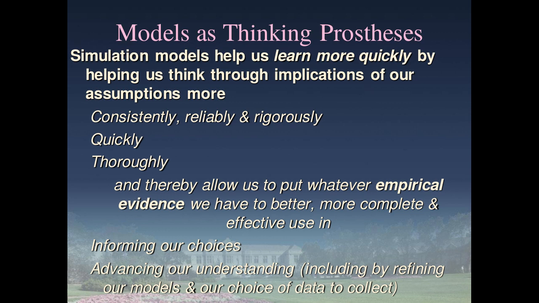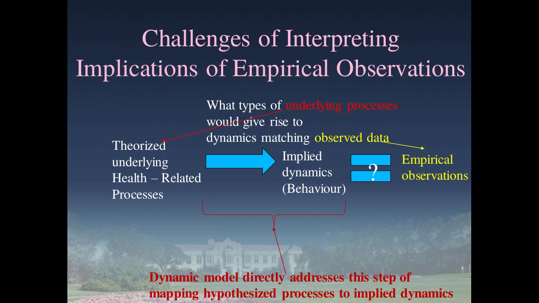If we can translate it into experimenting with the model and ask, okay, if that didn't jibe with the evidence, what would better jibe with it? We can use the model, in short, as a thinking prosthesis, one that complements our limitations and helps us think through more consistently.